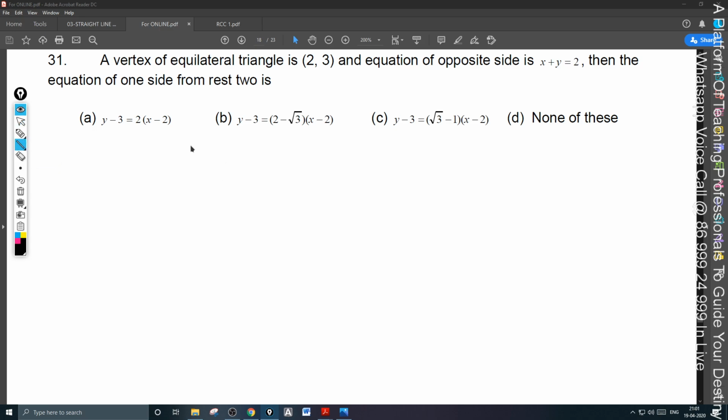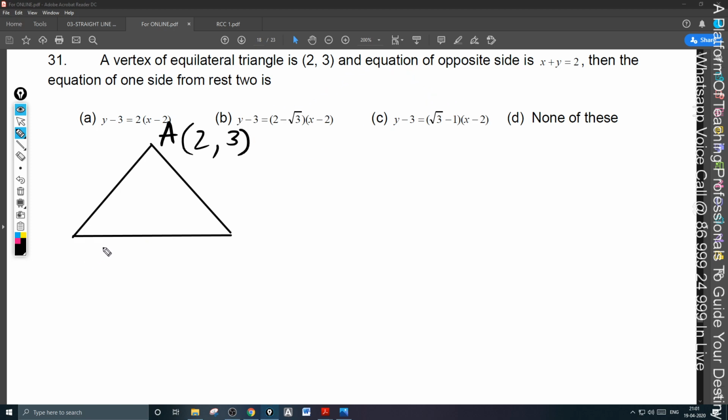Let me draw the triangle. Equilateral triangle, sorry. The vertex of the equilateral triangle, let it be A, 2, 3.